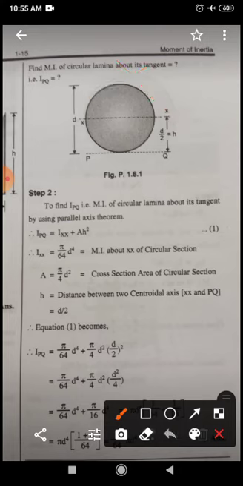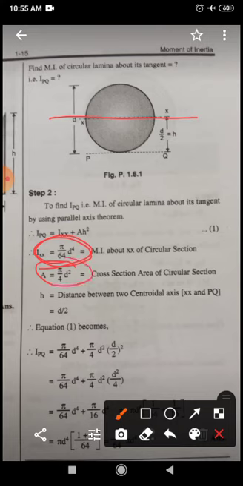Let's calculate then. Which things are necessary for that? As this is a symmetric figure, we have the moment of inertia about the x-axis, which is equal to pi by 64 d raised to 4. This is the moment of inertia about this axis. Now we have to calculate the area. The area is pi by 4 d raised to 2.